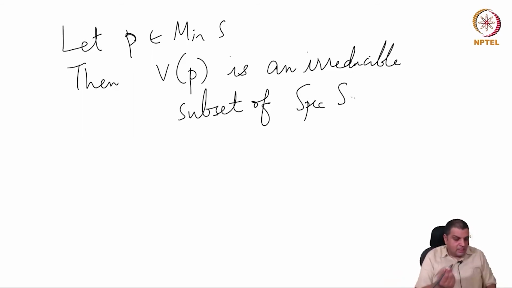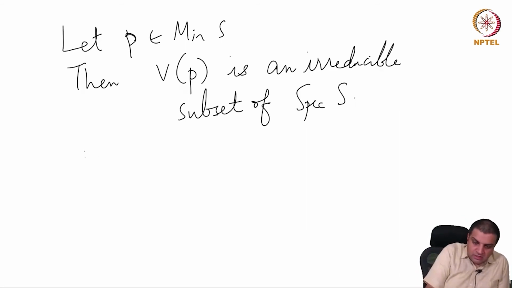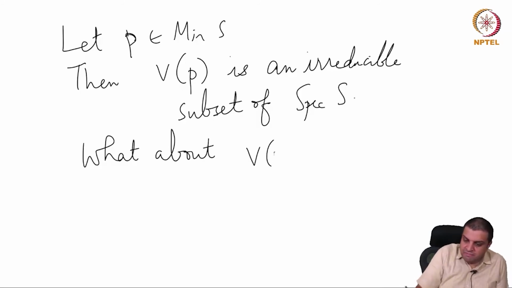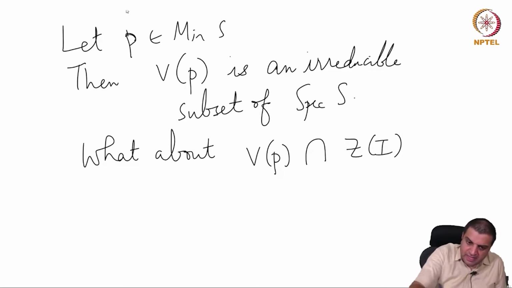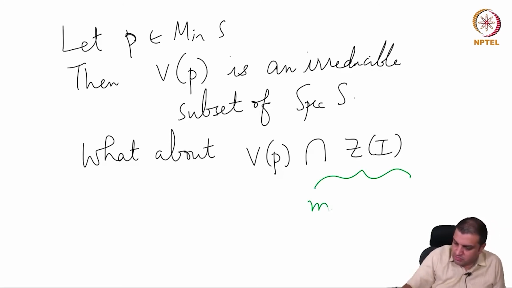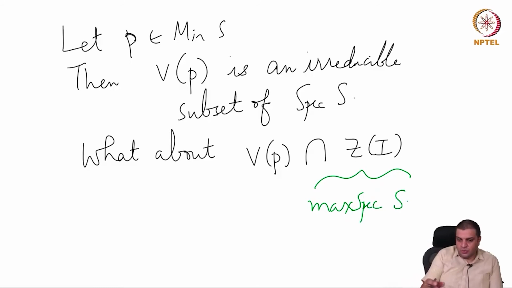So now we ask, what about V of P intersect Z of I? Remember, this is just Max Spec. So we have a larger topological space, Spec S. Inside that there is a smaller topological space, with possibly fewer elements, and if we intersect V of P with the smaller set, is it irreducible? That's what we would like to understand.